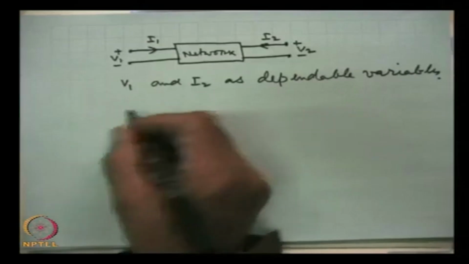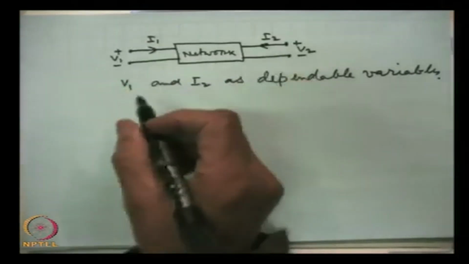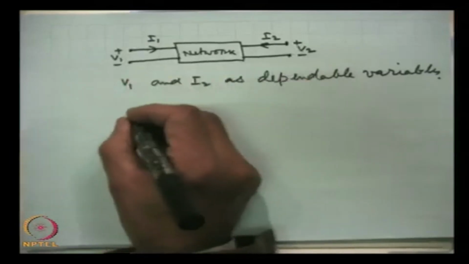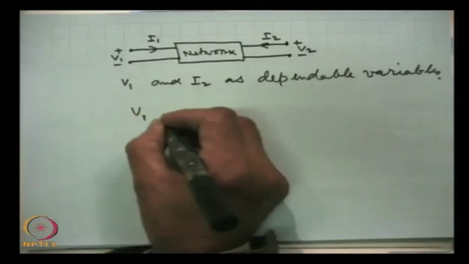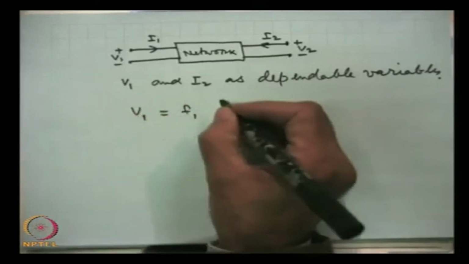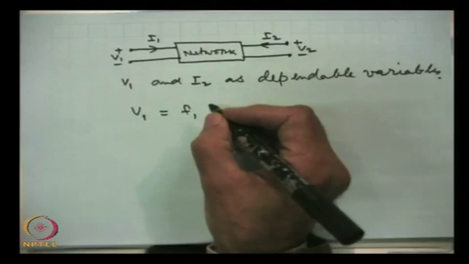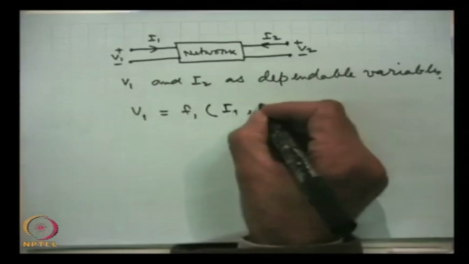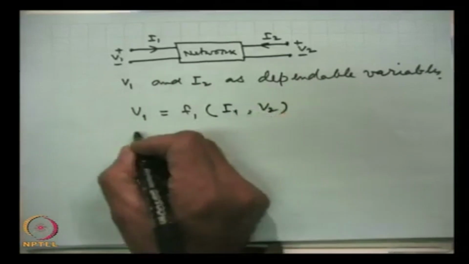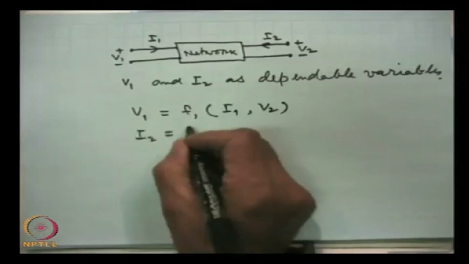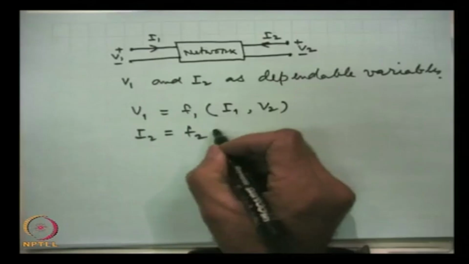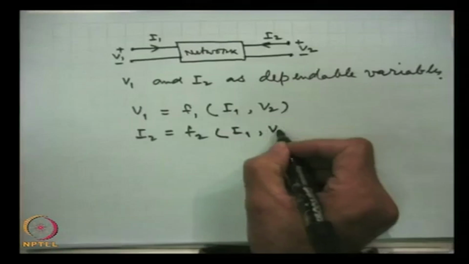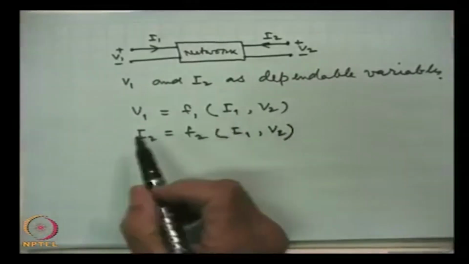Then the functional relationship with other 2 parameters I1 and V2 can be expressed like V1 is equal to F1 of I1, V2 and I2 is equal to F2, the function of I1 and V2. What these equations represent?